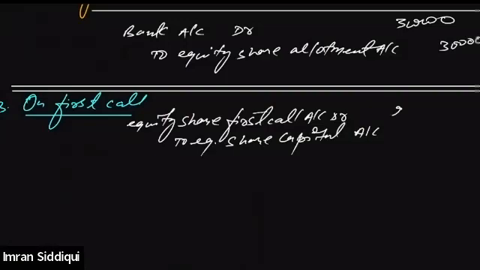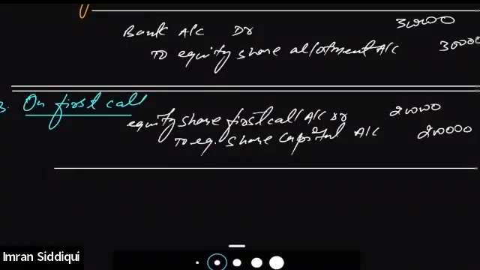So 10,000 into 20 will be. This is the journal entry for making the first call due, right? And you can write down the narration on your own. Being first call due. All right, is that clear?